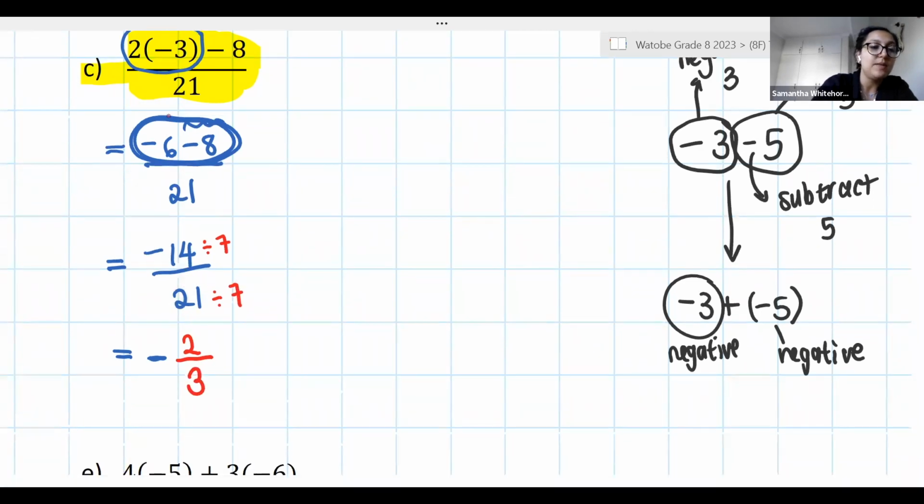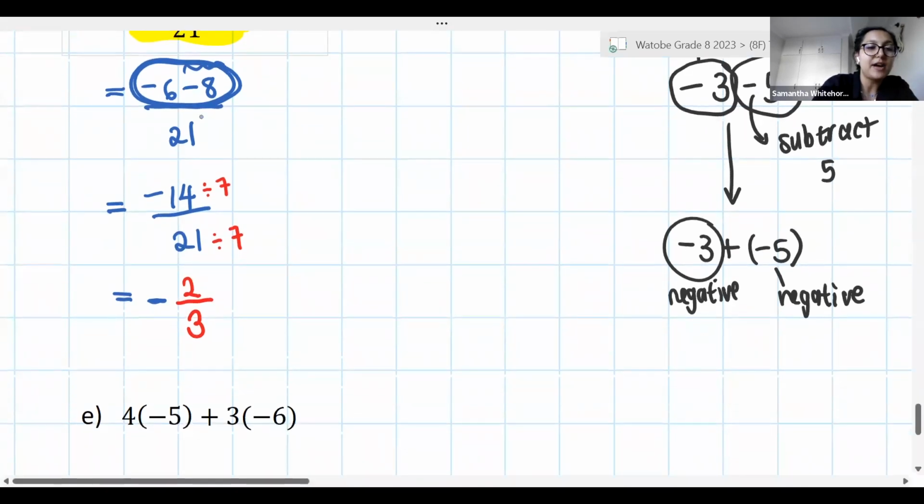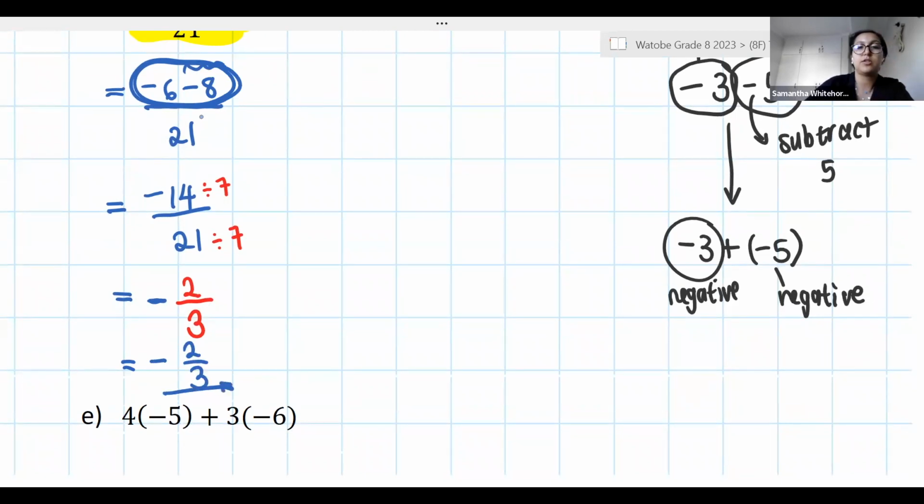So by simplifying our fraction, we get our final simplified answer of -2 over 3. It's very important that whenever you're dealing with fractions, which we'll talk about in our next course, we always simplify our answer.